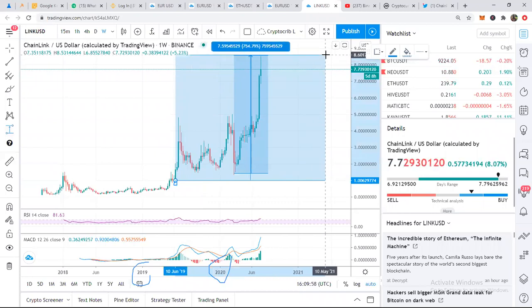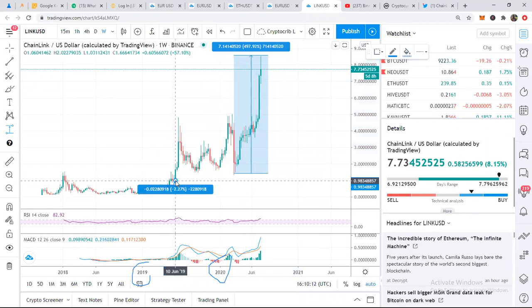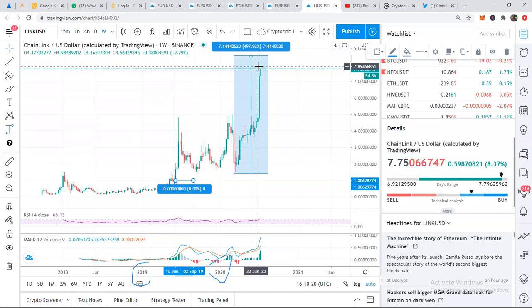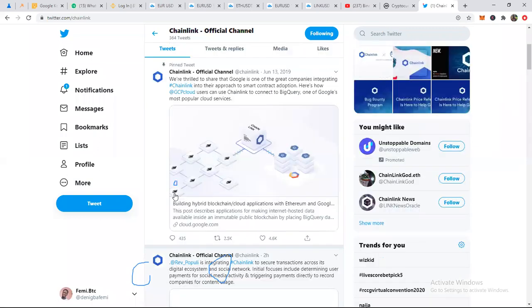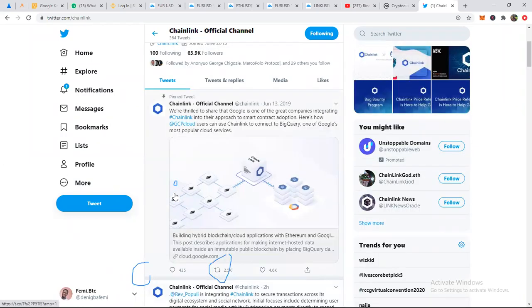Link has increased by up to 754.79%, and it never came back to the price on the news date, which is 1 point something dollar per Link. Ever since that day, Link has smoked weed. So that's about 1,000% profit for people who bought from here just because of this one tweet. That's just a tip of fundamentals. We'll still go more into it.